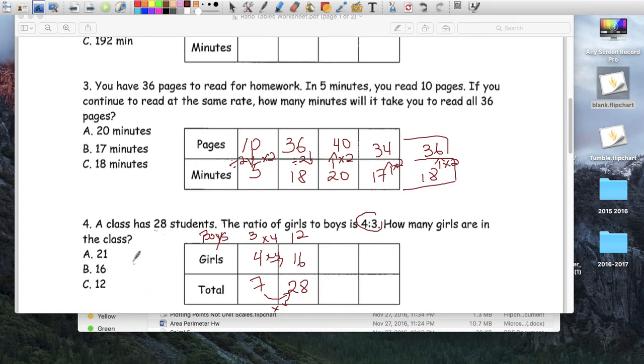Okay. What's this? 16. What happens when there are 16 students in this class? Is that what they said? 16? That doesn't make any sense. 21, 16, 12. Oh, these are really ugly numbers. I'm hoping. Ugh, do I want to do 16? Yeah, I can do 16. Divide by 7, I'm going to get 4.